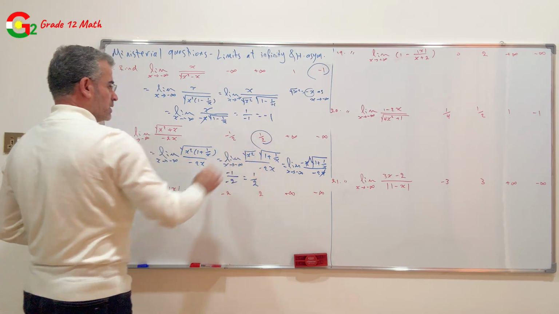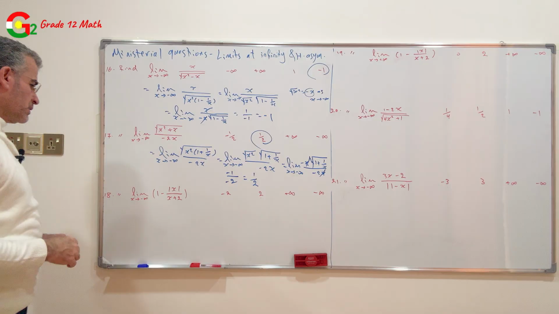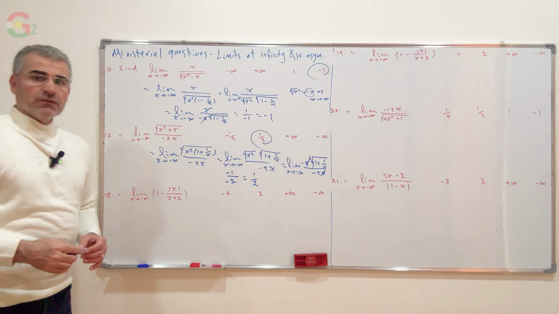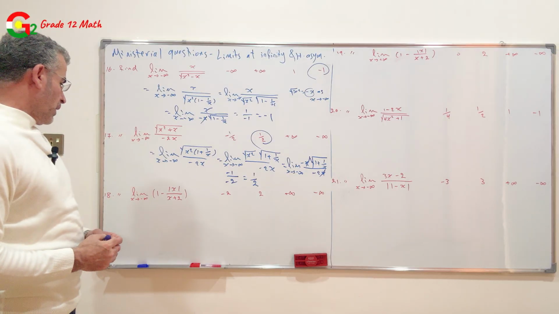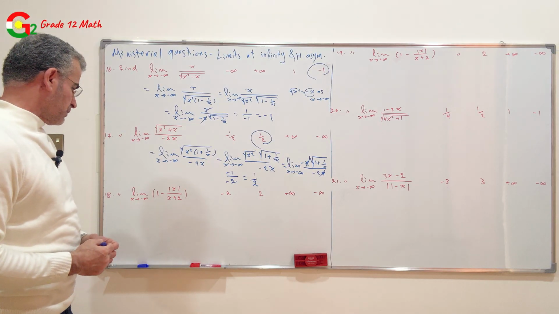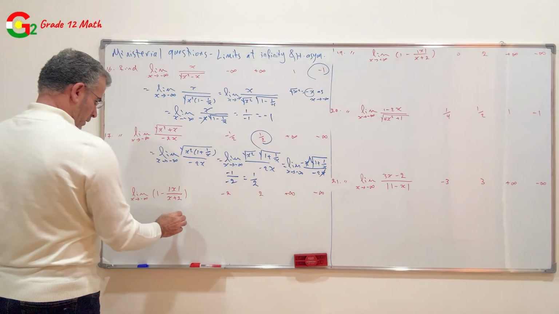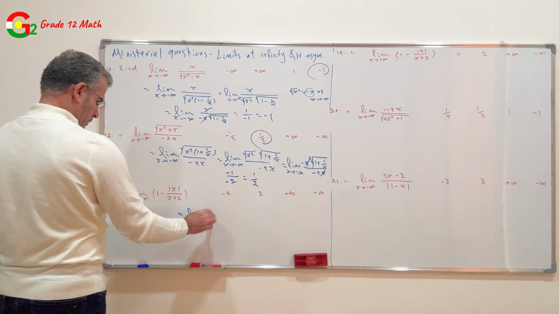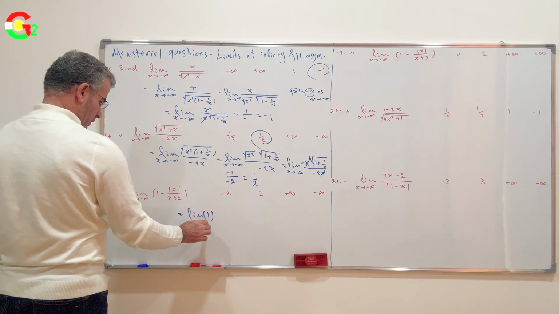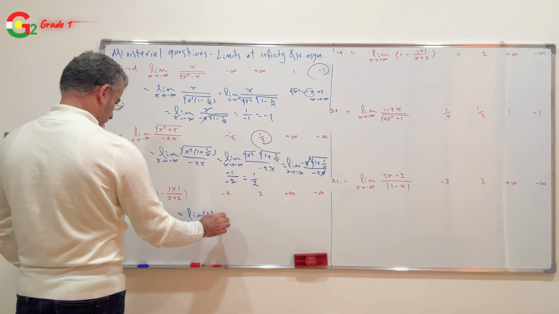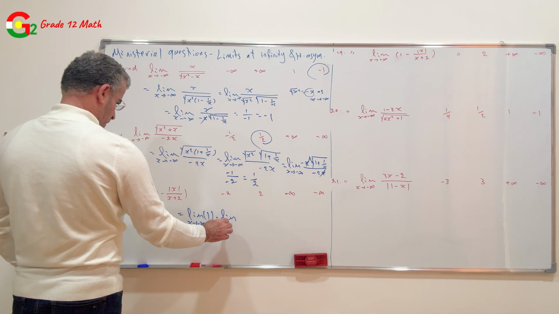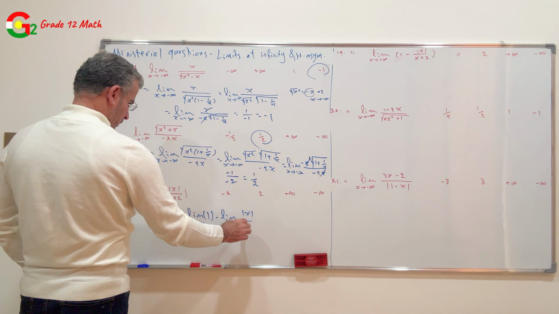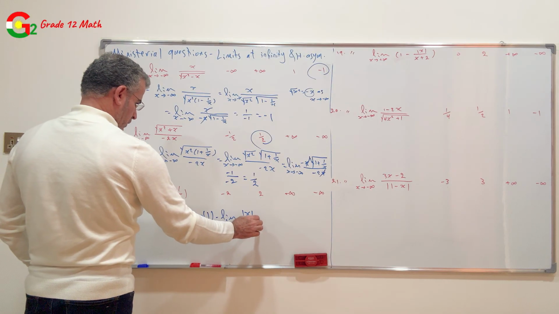Choice B. Question number 18. Find the limit as x approaches negative infinity of 1 minus absolute value of x over x² equals the limit of 1 as x approaches negative infinity minus the limit as x approaches negative infinity of absolute value of x over x².